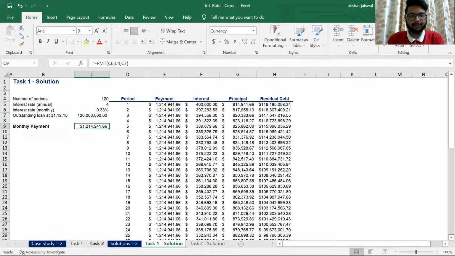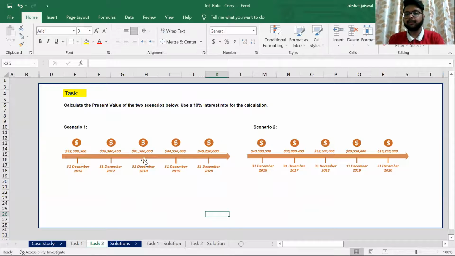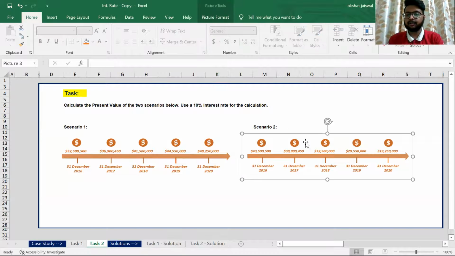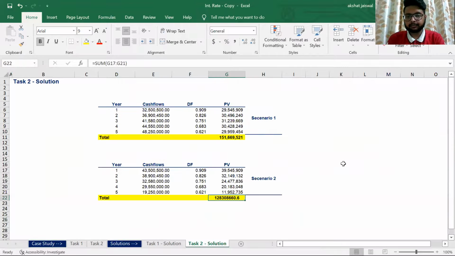And then coming to task two, where we were given two scenarios, scenario one and scenario two, where they asked us to calculate at an interest rate of 10%. And here you have used the discount factor with the PV function, and in scenario one you have arrived at the total, where your discount factor is used in the formula of equal to 1 divided by 1 plus 0.10 to the whole power 1.